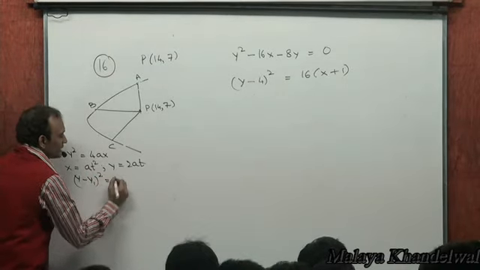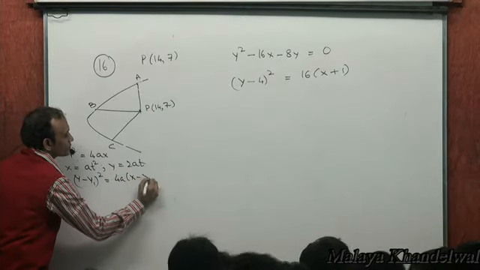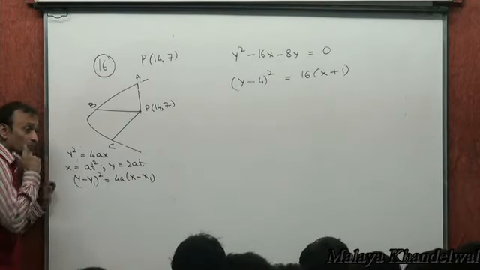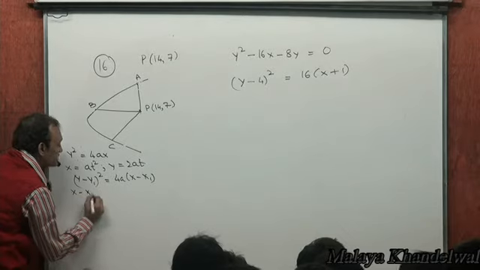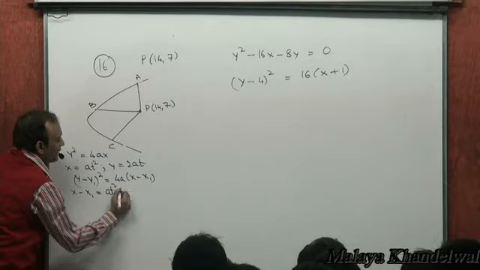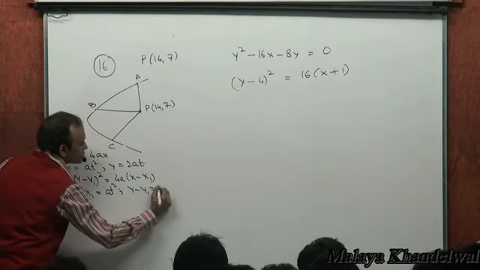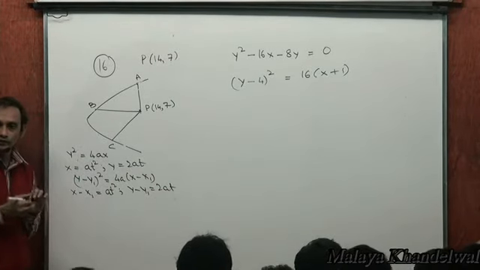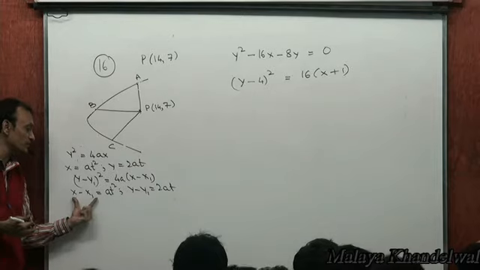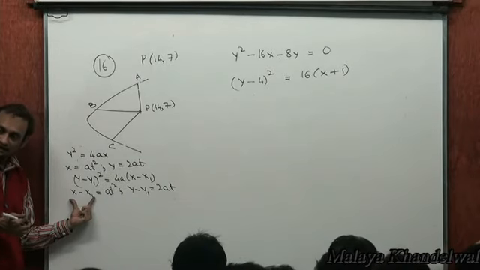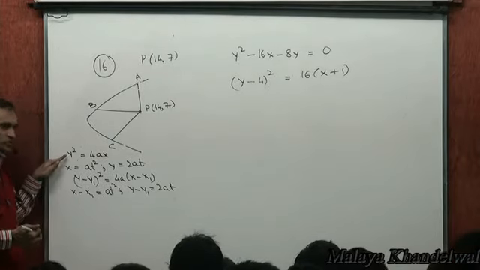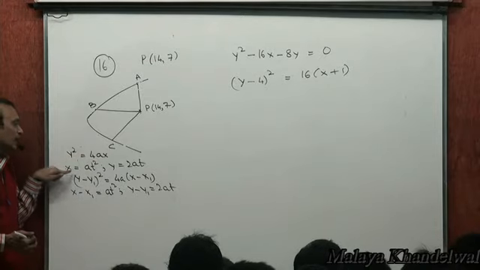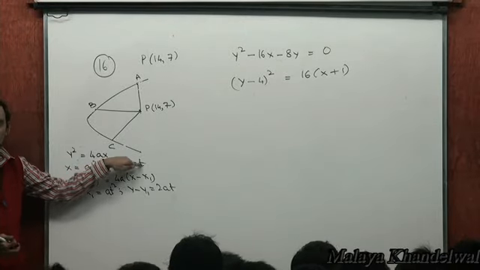Now, any point (x, y) on this parabola could be written as x minus x1 is at squared and y minus y1 is 2at, right? That's what we could do. Then (y minus y1) whole squared will become 4a into (x minus x1), right? So that's a revision. For this parabola, any point could be written as x is at squared, y is 2at.